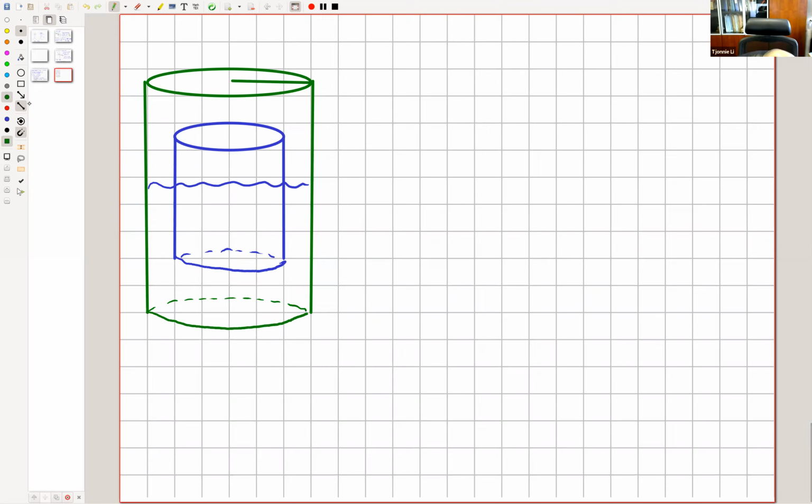This distance here is B. This distance here is A. Now, both blue and the green are conductors, but this one, I'm actually charging up with a free charge of Q. Now, to make this interesting, let's call the height of this H, and let's call this L minus H.